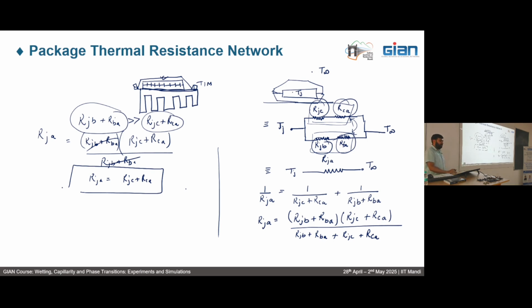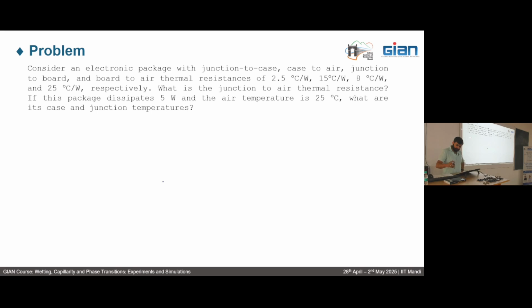So if one resistance is very high, so that heat transfer doesn't occur from that side, then the total resistance between junction and air would be just the resistance which is least. So we have to design the system in such a way that we can ignore the resistance which is very much higher in magnitude compared to the other one. Now let's go to one problem. For this problem, you can all take out your cell phone so that you can do some very simple calculations.